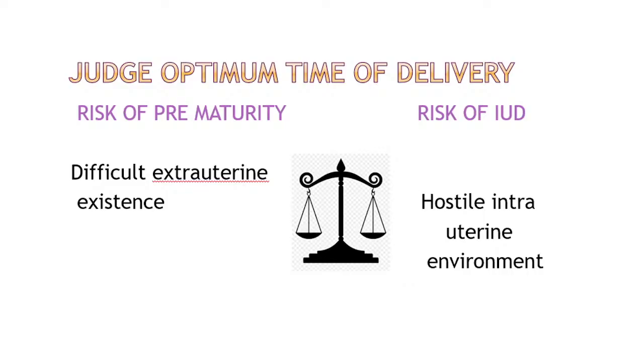So, our main motto is to judge the optimum time of delivery. Here in FGR, it is very difficult to give some medication. No such medication exists which will increase the growth of the fetus, because the fetus is growth retarded due to some reason, and if that reason can be corrected, then it's okay.